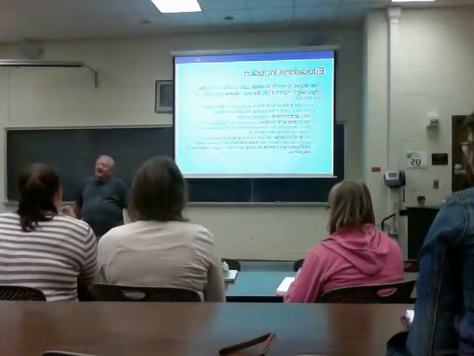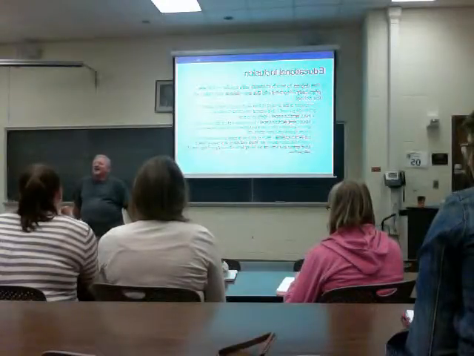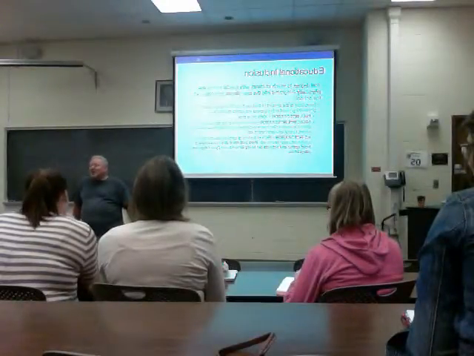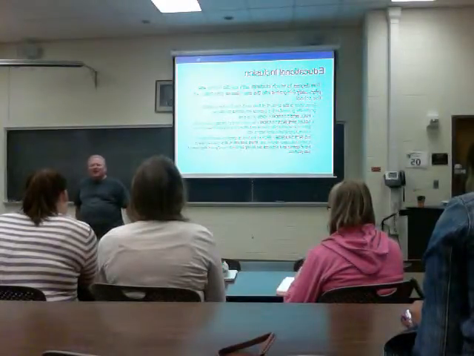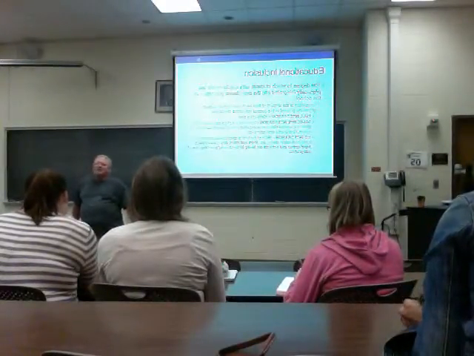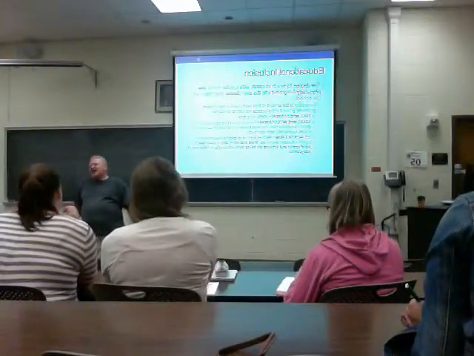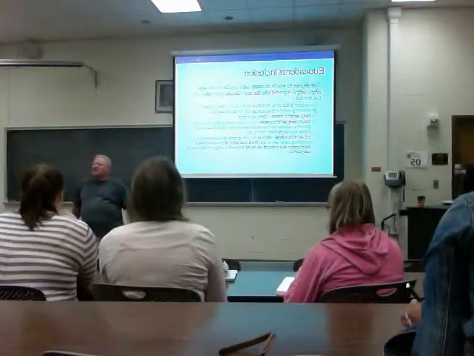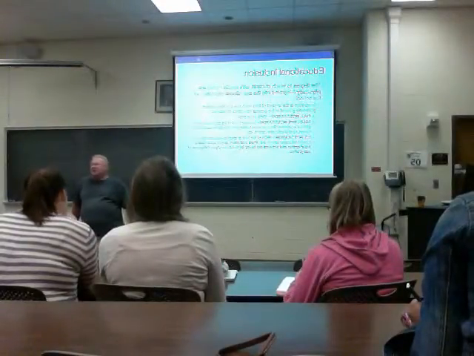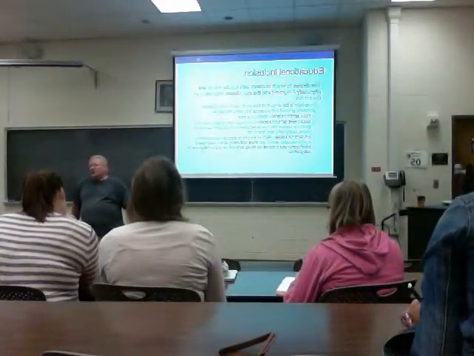Her parents found out, and at the time her dad was on the school board. Not a good idea to do that. It has gone through mediation and now to the point of litigation. She's in a different school and she's actually doing great.